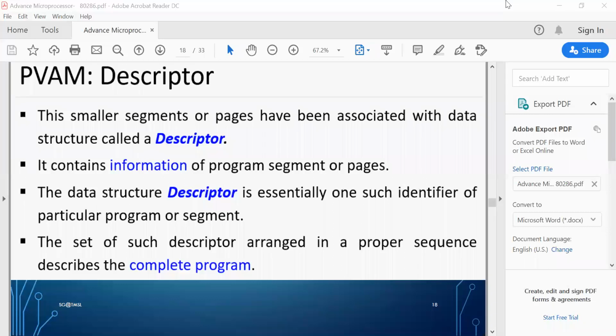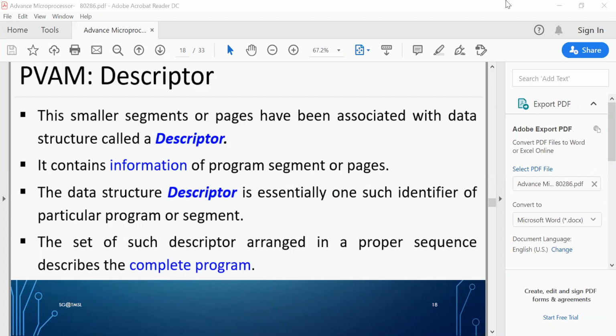Moreover, a certain segment may or may not be present in the physical memory at a given time instant. This information is also stored inside a descriptor. And finally, an important piece of information, whether the segment has been accessed by another task in the past, is also stored in the segment descriptor.